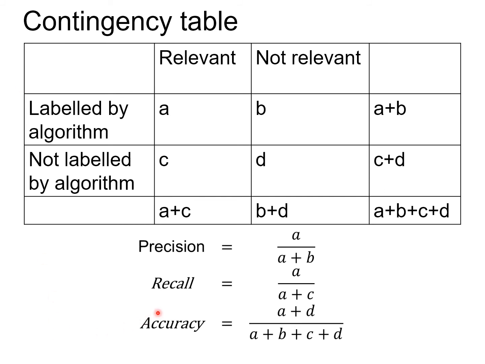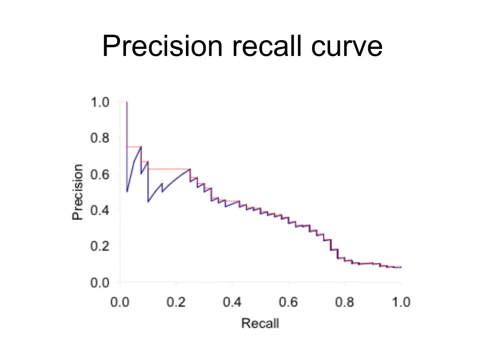And we can have another indicator that is called accuracy. One more thing is that usually precision and recall are not given as one number. Usually we give it as a curve.